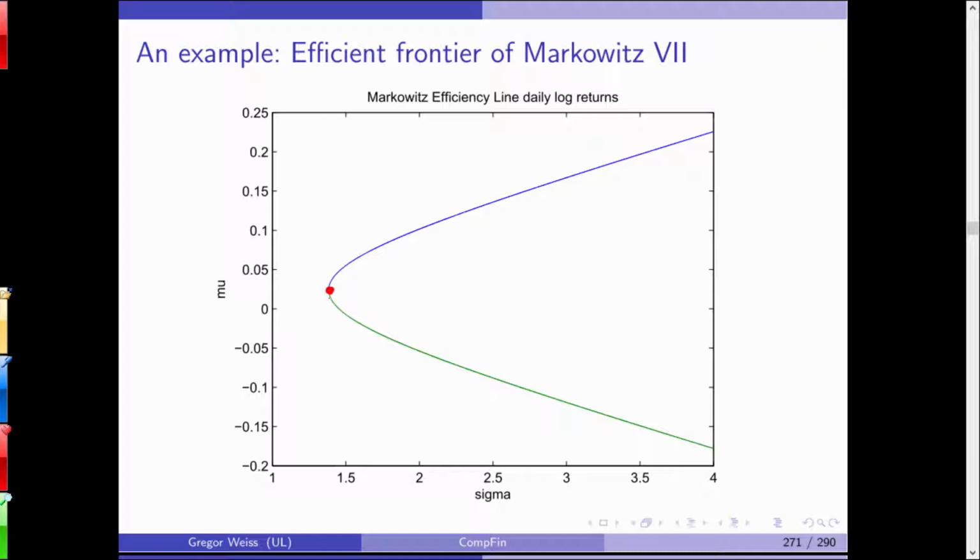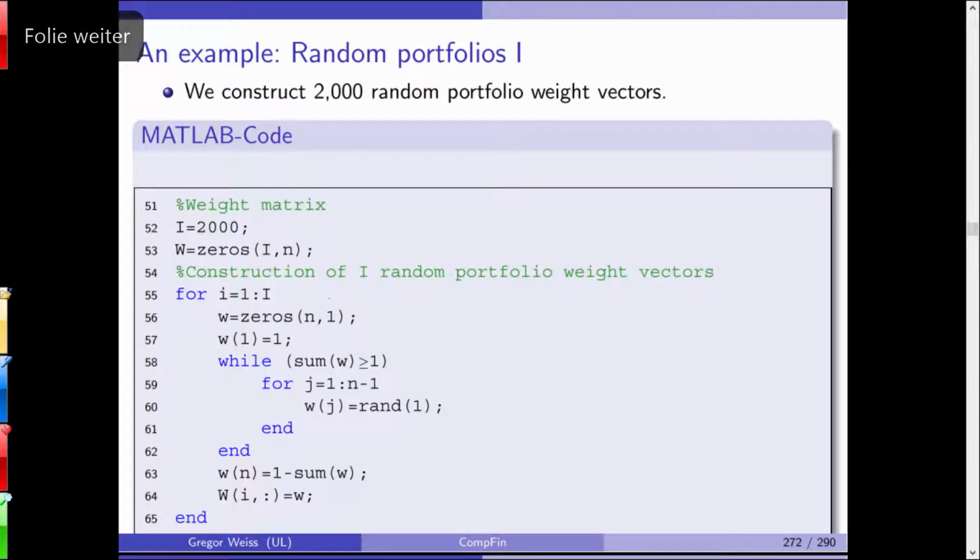Okay, now I pretty much like the next part. One could think that, okay, let's start with naive diversification. Let's simply put everything into each stock with a fixed weight, or even better, just use random weights.